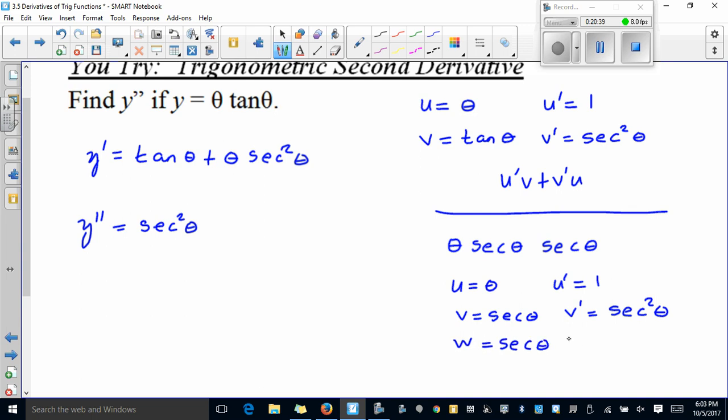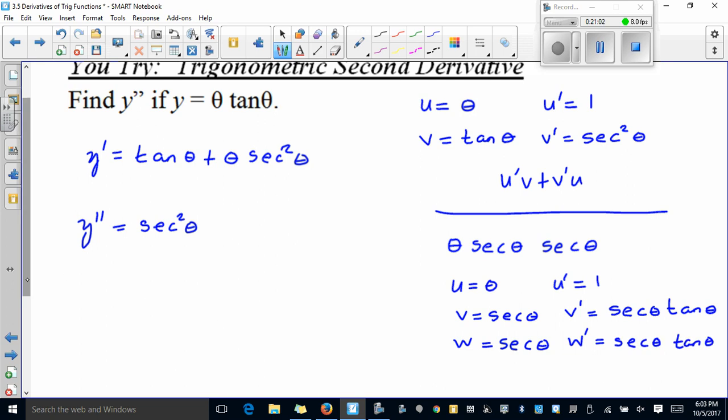And w prime is going to be, I just noticed what I did there. No, that is not secant squared. If you're going, hey, wait a second, it's not secant squared, it's secant of theta, tangent of theta. And this one will have the same derivative, secant of theta, tangent of theta.